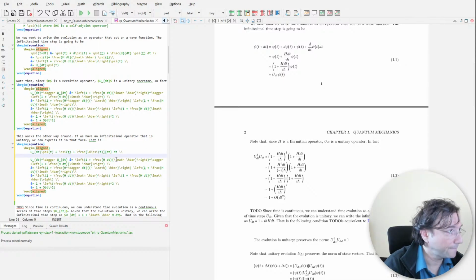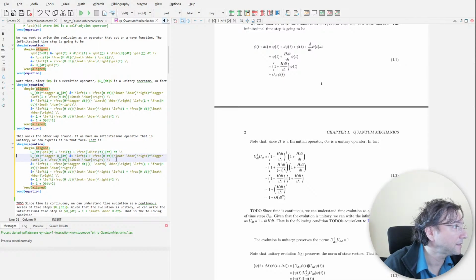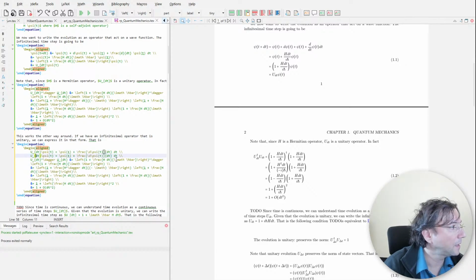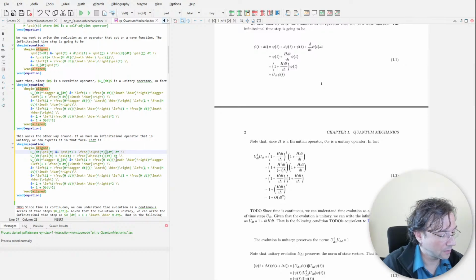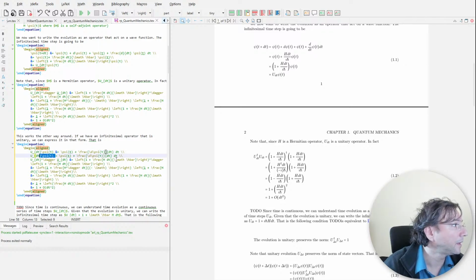Okay, so we know that we have that, and therefore this thing is going to be 1 plus something. And so this thing can be written as 1 plus some operator, let's call it O of dt.